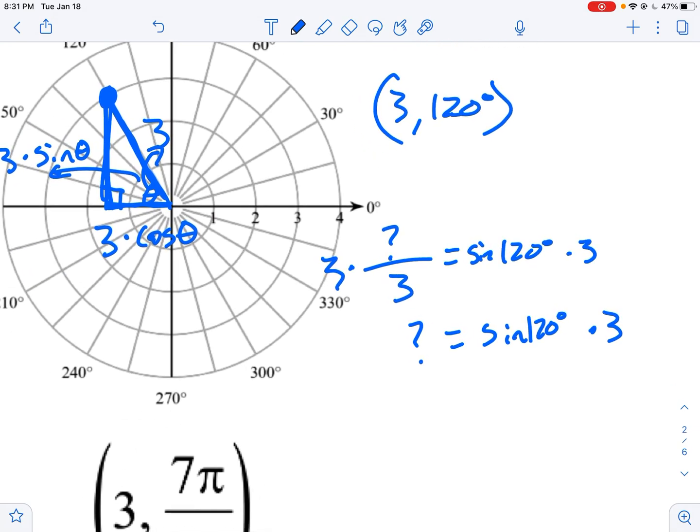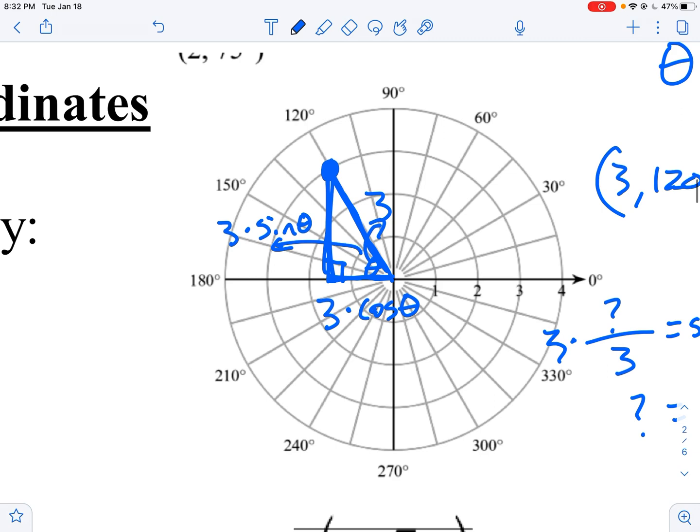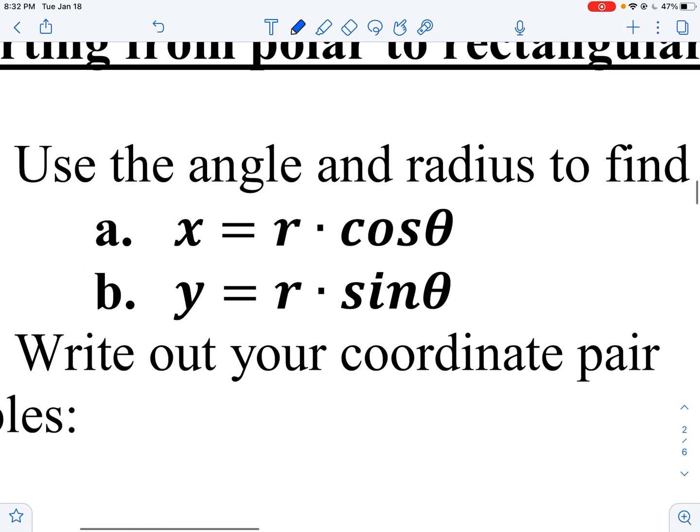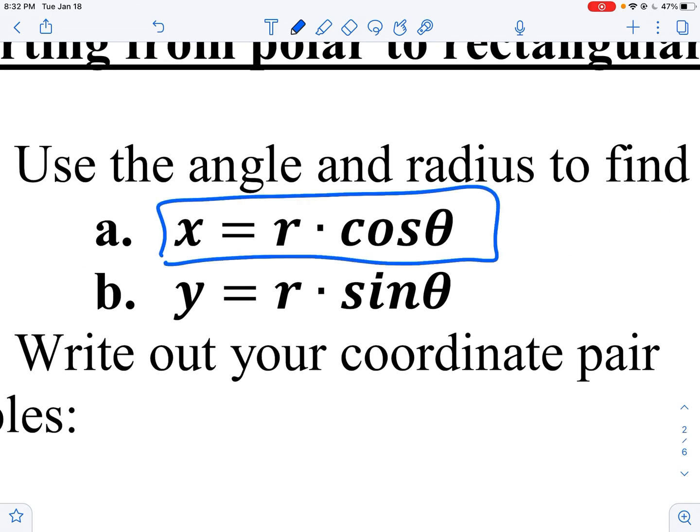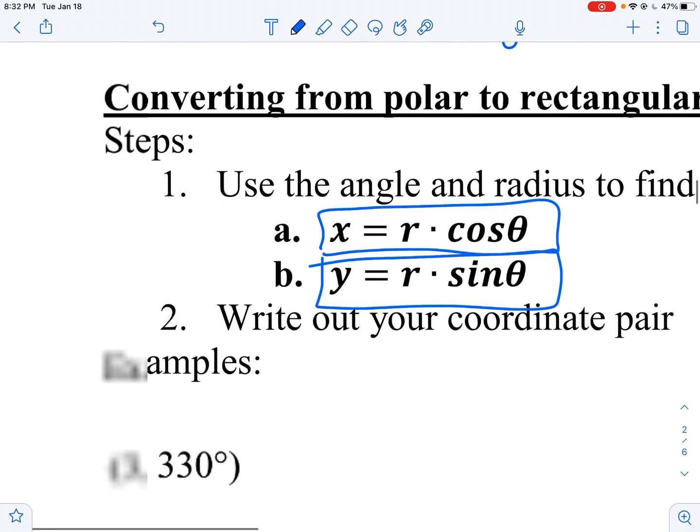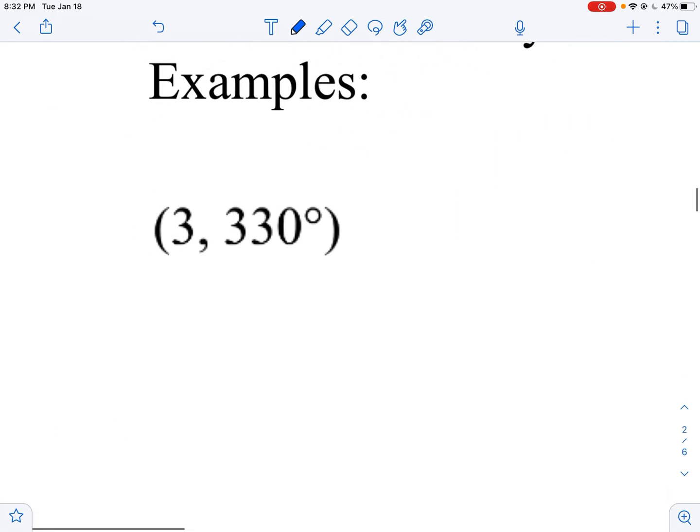And the same works for the horizontal component, but you use cosine. So really, if you want the x-coordinate, you just do r times cosine. And if you want the y component, you just do r times sine. So it's actually pretty quick.